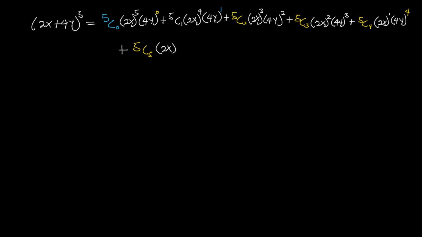This is multiplied by 2x raised to the power 0 multiplied by 4y raised to the power 5. We can now evaluate this.